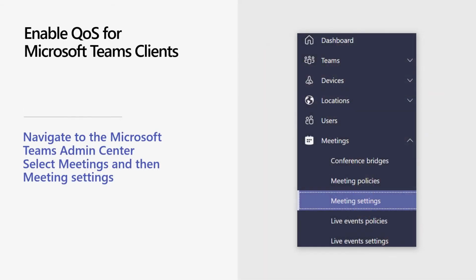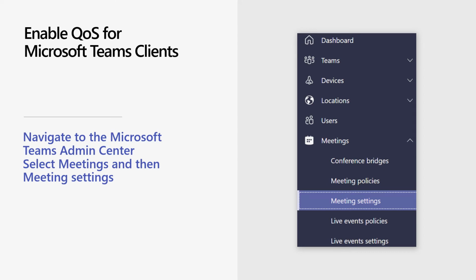Regardless of which direction you go, whether you choose to have Windows set those DSCP markings, or you choose to have those markings set at the individual switch port level, there are a couple of things that you will want to do in the Teams Admin Center to set up the Teams environment for quality of service.